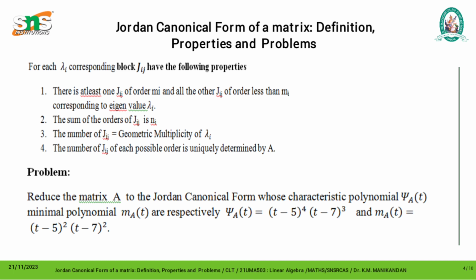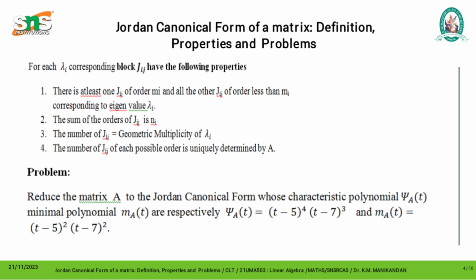And in the minimal polynomial m A of t, we have eigenvalues lambda 1 equal to 5 and lambda 2 equal to 7, and its indices m equal to 2. So m equal to 2 shows that corresponding to eigenvalue 5, there is one Jordan block of order 2.